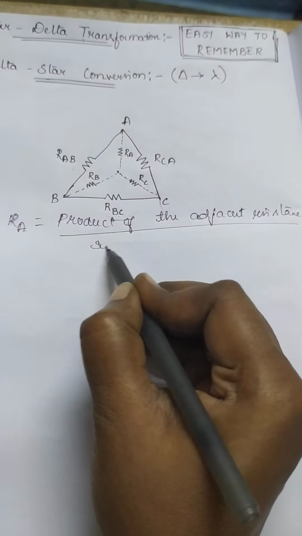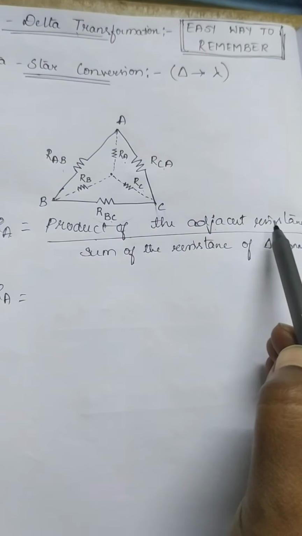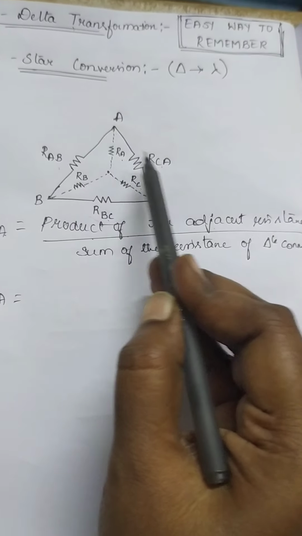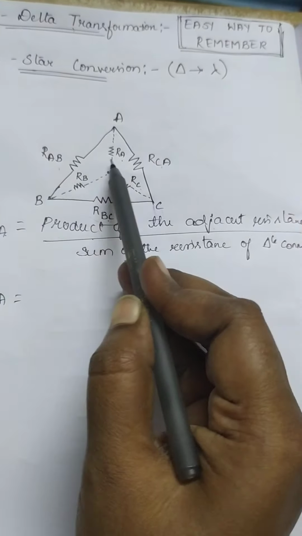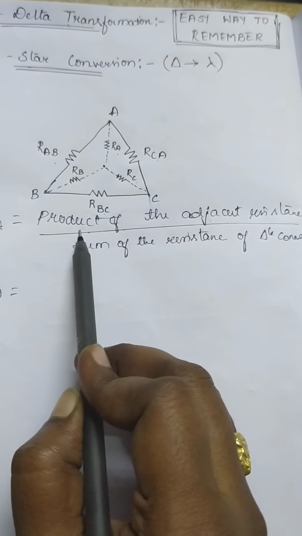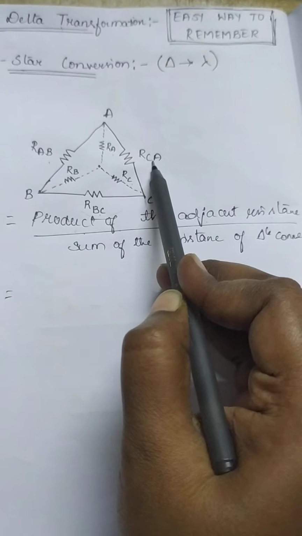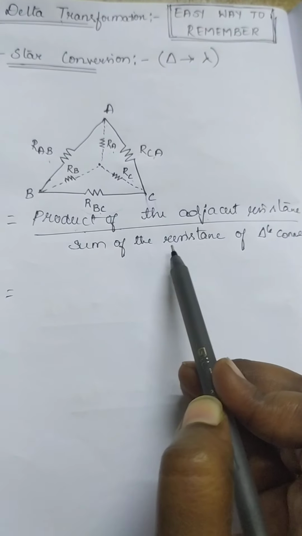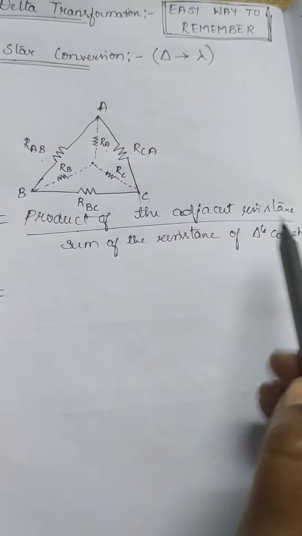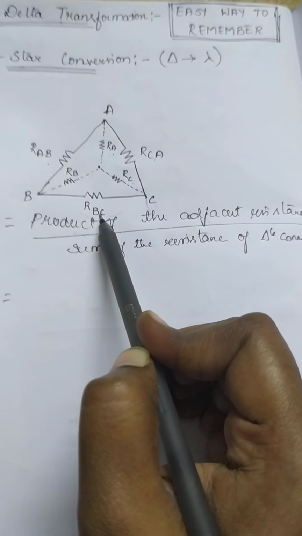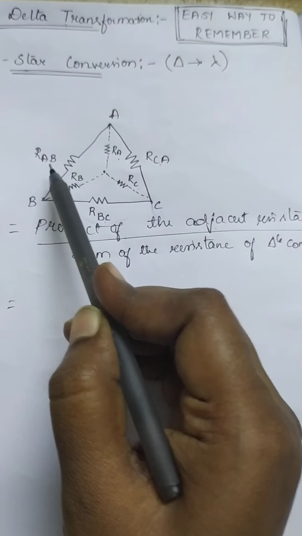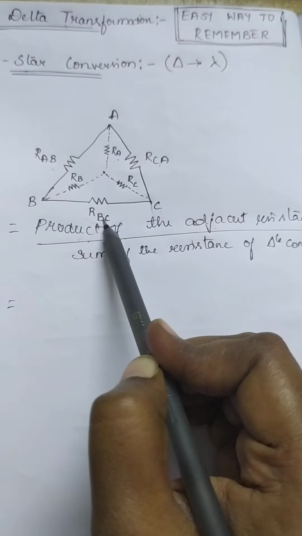Now RA is equal to the product of the adjacent resistances. The adjacent resistances of RA are RAB and RCA. Product is nothing but multiplication. So RAB into RCA divided by the sum of the resistances of the delta connection. Sum is nothing but plus: RAB plus RBC plus RCA.